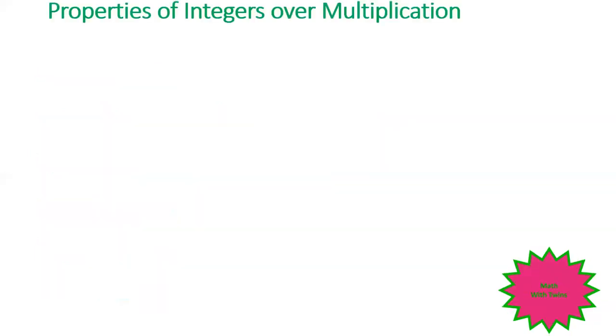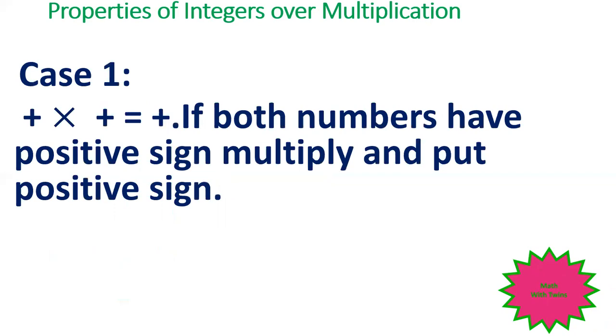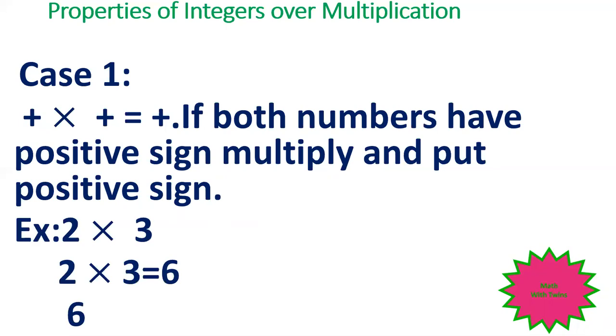Properties of integers over multiplication. Case 1. The product of two positive numbers is positive. That is, whenever you see two positive numbers to be multiplied, multiply the two numbers and add a positive sign in front of your answer. Now, let's check out an example. 2 into 3, where 2 is positive, 3 is also positive, and we have to multiply 2 into 3.